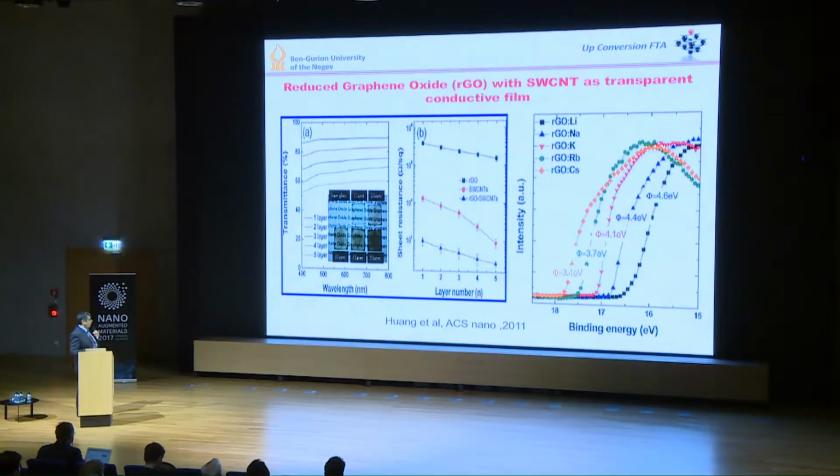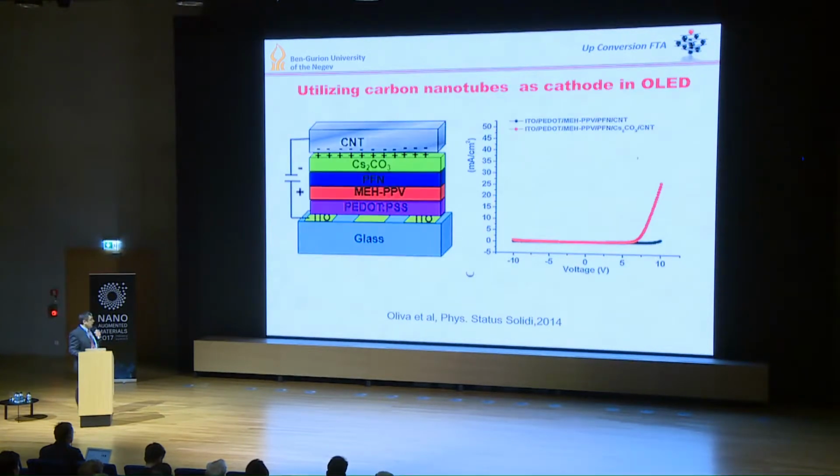So here you can see an example of what reduction of work function can do in terms of injecting the electron. Here you can see a structure of an OLED where people put a CNT on top of the OLED and they doped it with cesium carbonate.